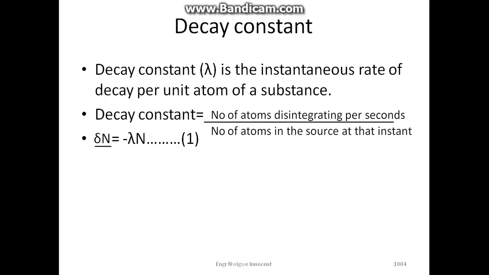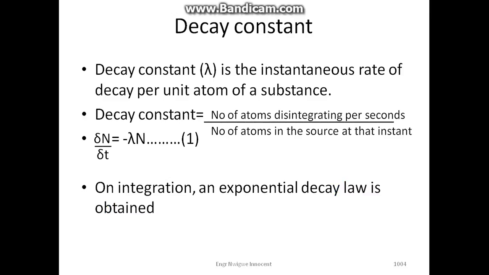Delta N over delta T is equal to minus lambda N. This is our equation 1. On integration, an exponential decay law is obtained.